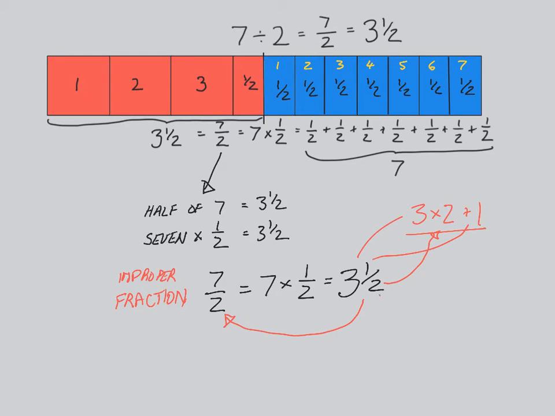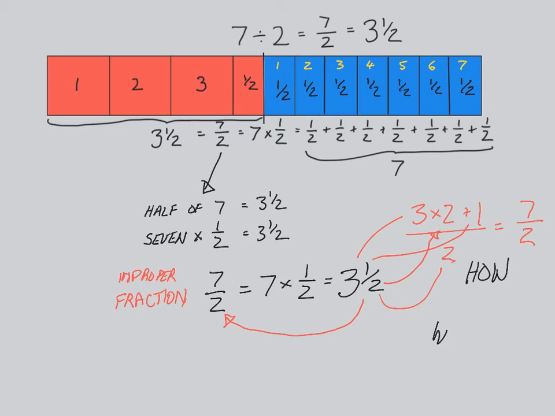You put it over the number on the bottom, and that gives you 6 plus 1, 7 over 2. That, in other words, is the how.